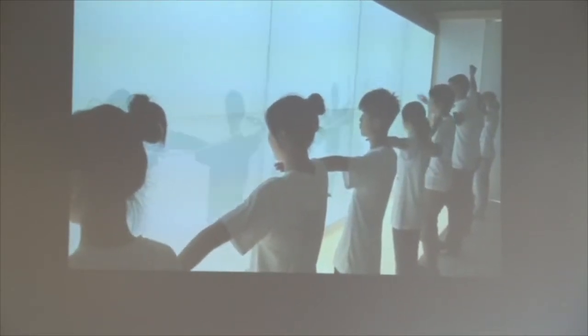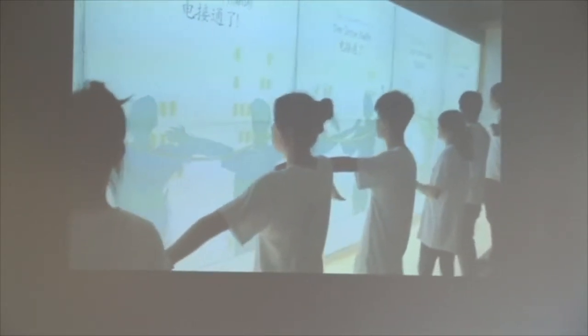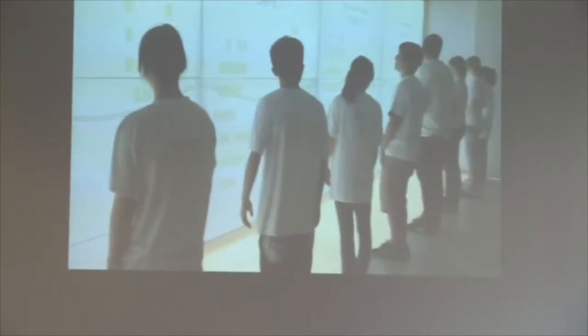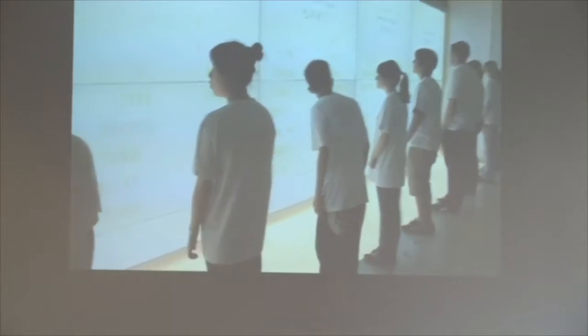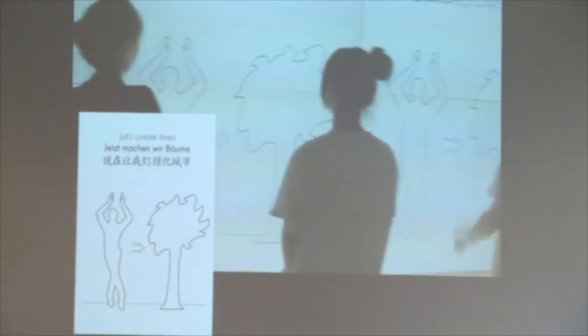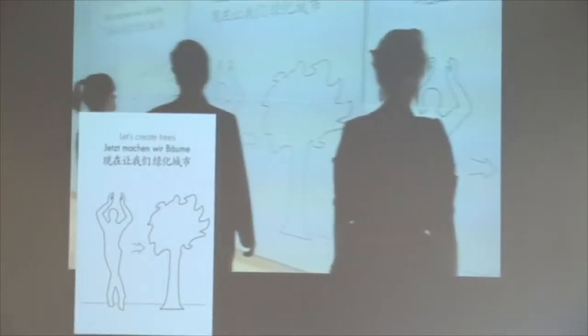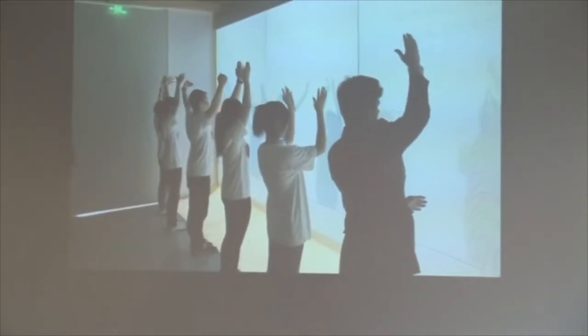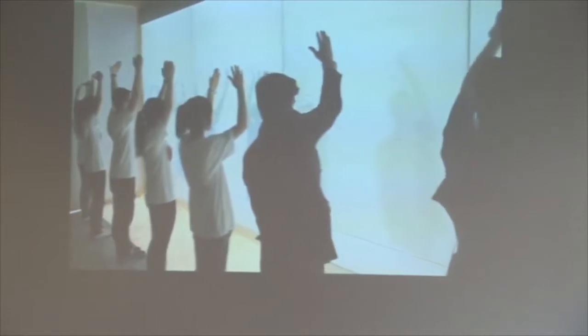Again, we have a countdown that takes a flash picture, basically a simulated photo of their interaction, and now we've got electricity. Now they're going to make trees next, again with their body shape. This was a lot of fun, watching people crouch there, make little trees.